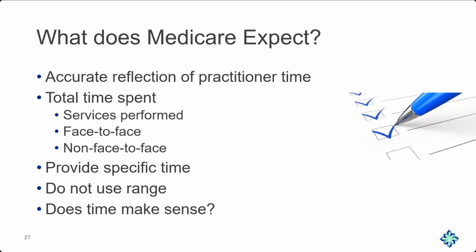So what does Medicare expect? An accurate reflection of that time, as I've been saying. You want to avoid things like ranges of time. I just said, spent 15 minutes with the patient. It's not a range, but that's insufficient. A range would be 30 to 60 minutes. It's not something that's going to be acceptable because, with some of those codes, somewhere in the middle of 30 to 60 there is going to be a different level of service that you're going to choose.